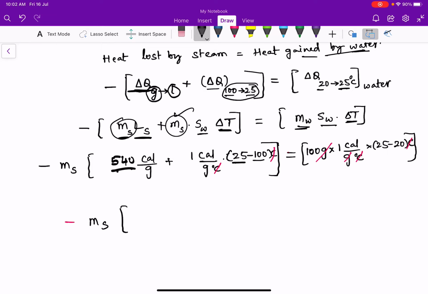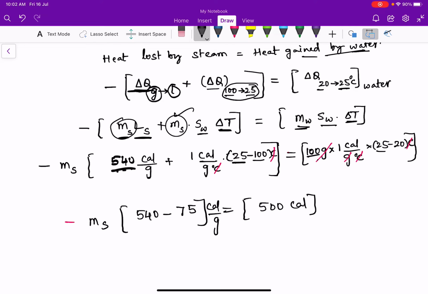540 minus 75 is equal to 100 into 5, 500 calories. Here 500 calories per gram minus 75 calories per gram.